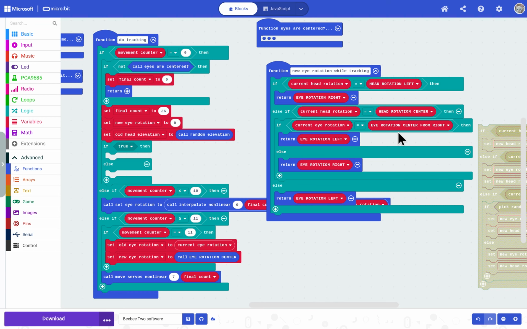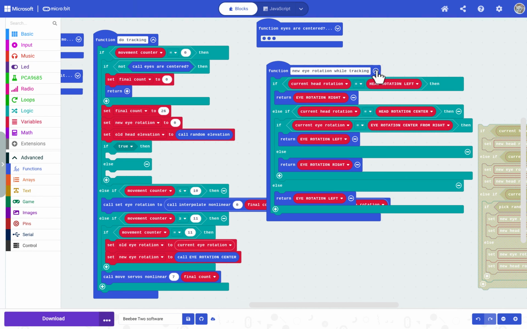And so we want to continue pushing to the left because that's going to start moving those eyes immediately. If it's on the other side, we want to pull so that it starts moving immediately. Otherwise, we're going to look to the left because head's already on the right.